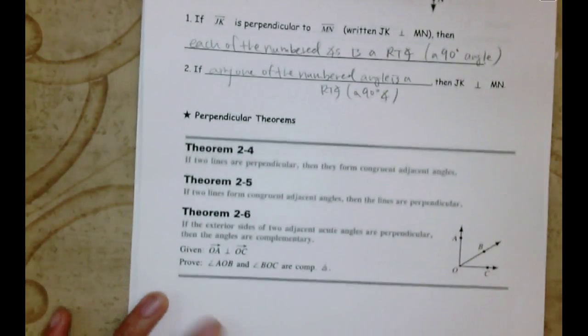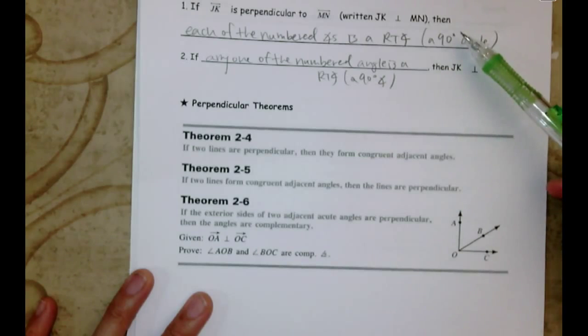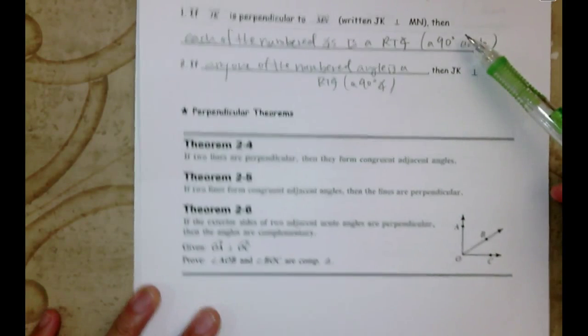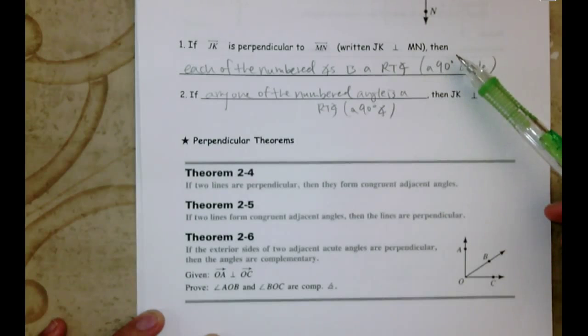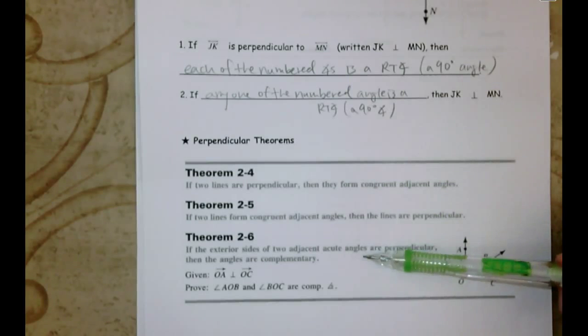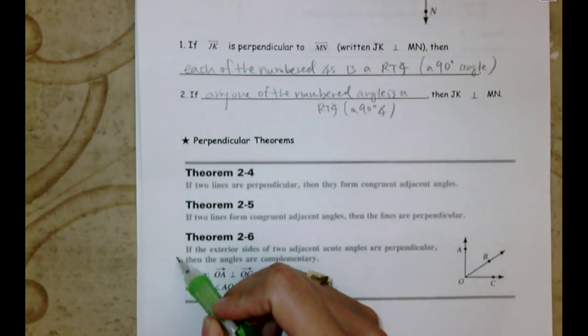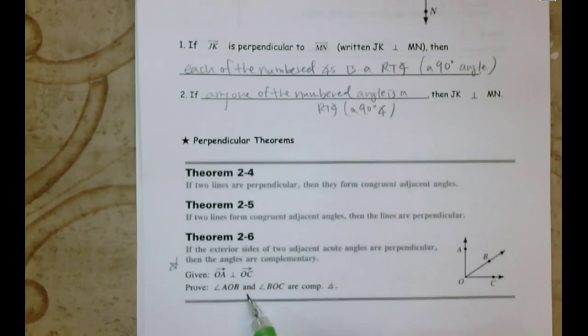Okay, and here are the three theorems that stem from this definition. Using the vertical angles, supplementary angles, and the complementary angles, you can prove these three. I'm going to have you do this 2-column proof for the 2-6 sticker problem.